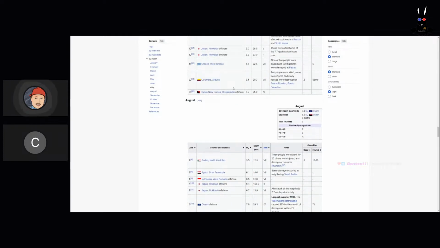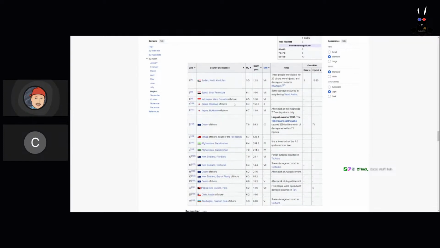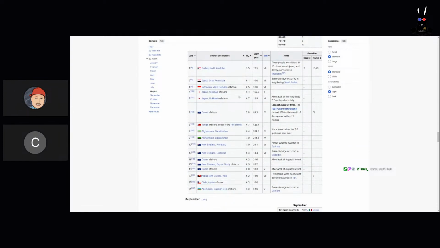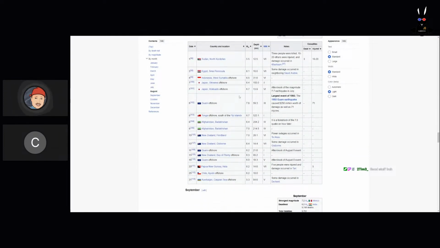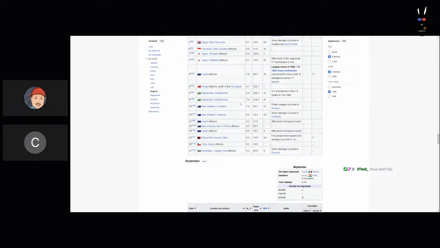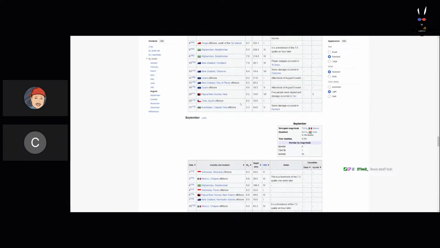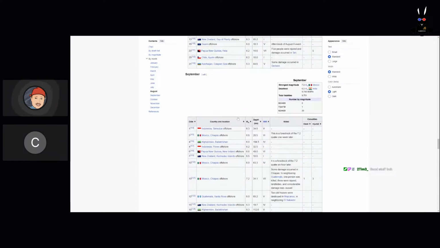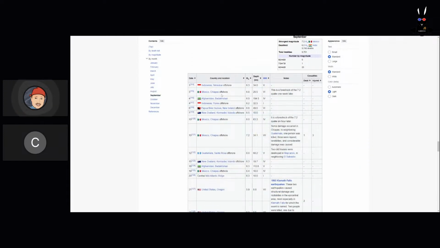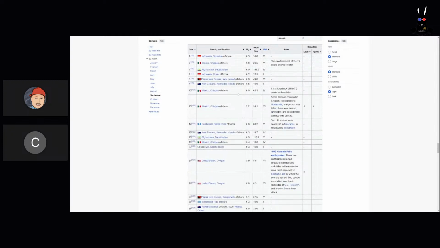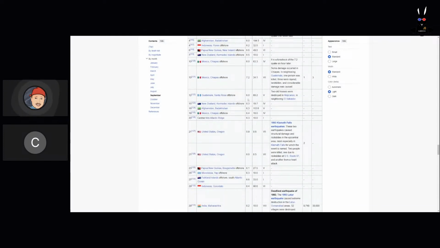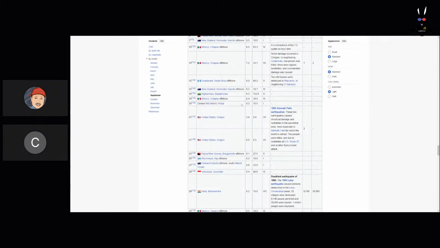There's Greece in the mix again at a 5.6. Chile 6.2. We're in September now. Chiapas has a 6.8. Chiapas has a 6.0. Chiapas has a 7.2. Guatemala has a 6. Chiapas has a 6.4.